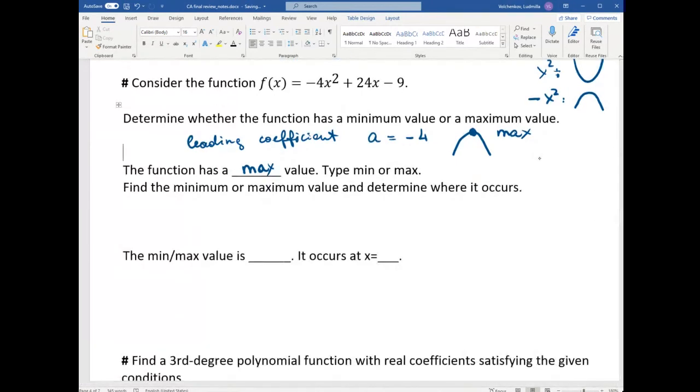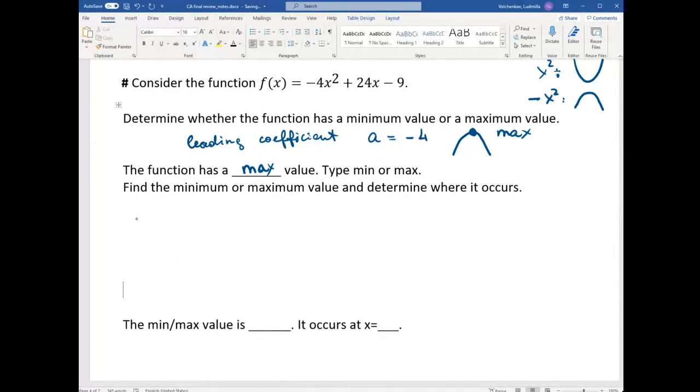And this maximum value can be found. So first to find this maximum value, we first must find where it occurs. So we usually use the coordinates for the maximum h and k. For h, we have a formula negative b over 2a, where a is -4 and b is the coefficient at x. So a equals -4, b equals 24.